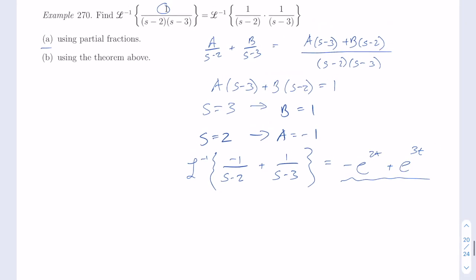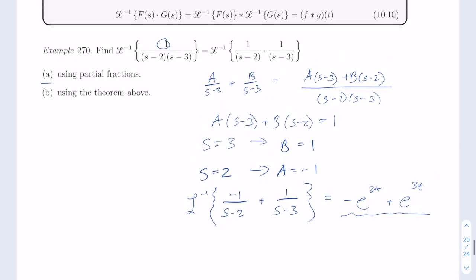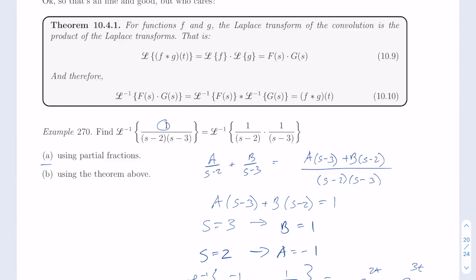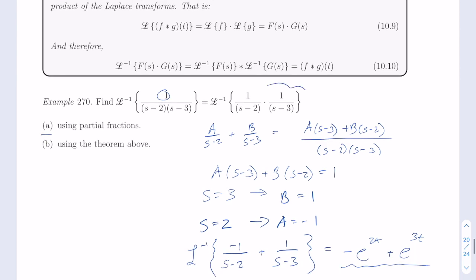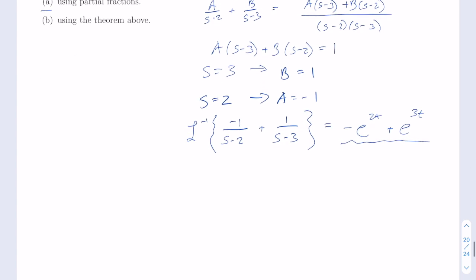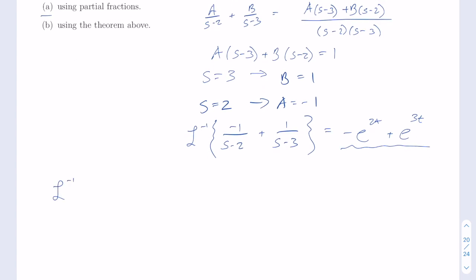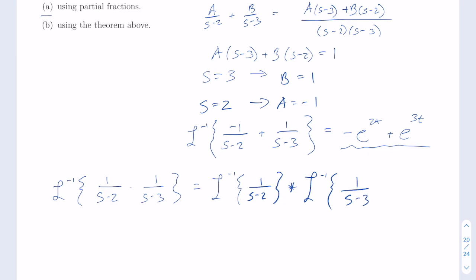All right. Let's try that using this theorem above. So using the theorem above, we'll take this approach right here. The inverse Laplace transform of 1 over s minus 2 times 1 over s minus 3 is the convolution of the inverse Laplace of 1 over s minus 2 and the inverse Laplace of 1 over s minus 3.